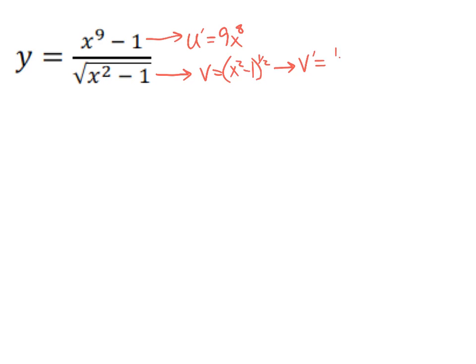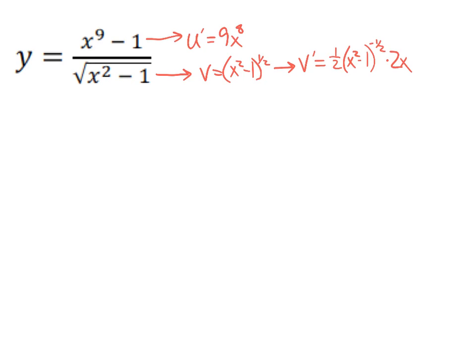1/2 times x squared minus 1 to the negative 1/2 times 2x. There we go, there's our chain rule. The derivative of something to the 1/2 is 1/2 something to the negative 1/2 times the derivative of something. So it's 1/2 x squared minus 1 to the negative 1/2 times 2x.